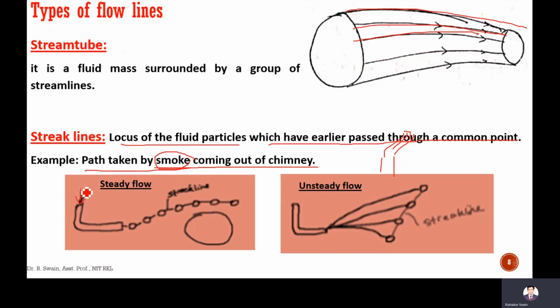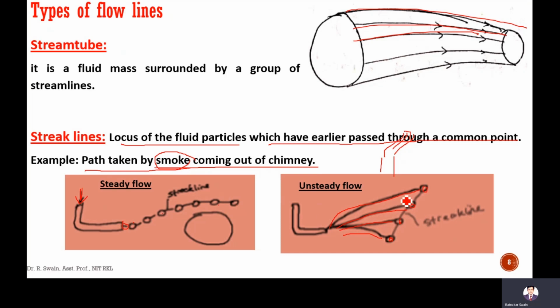This is a dike, and there is a tracer flow. This is the locus of the fluid particles which have passed from a common point here. So this is the streamline, here for steady flow, moving in this direction, and this direction. Now the fluid particle positions are here and here.